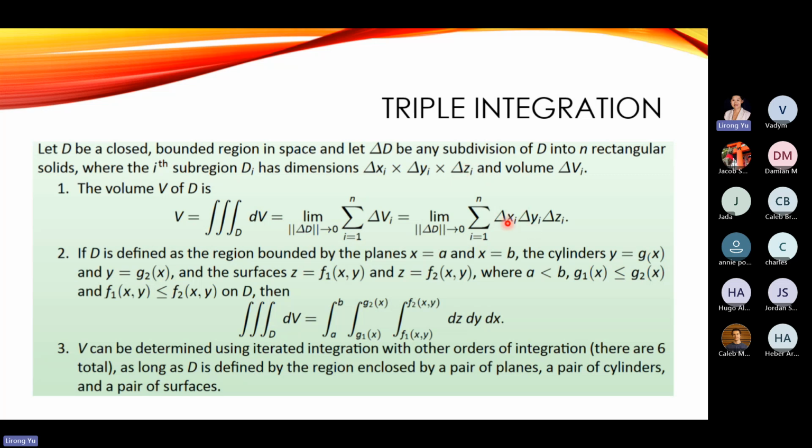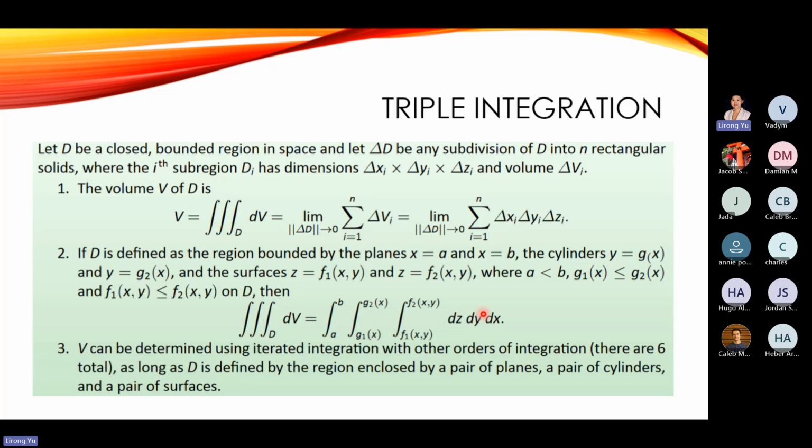Have many of those small volume calculations added all together, when d goes to 0, when each of these volumes become really small, the limit value of that is actually an integration. A continuous version of summation is integration. So this is the reason why we could use a triple integral for the volume calculation.